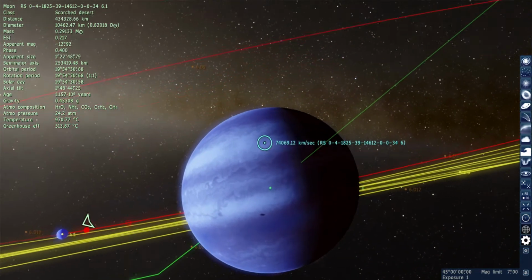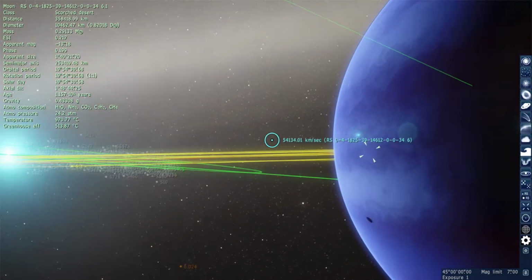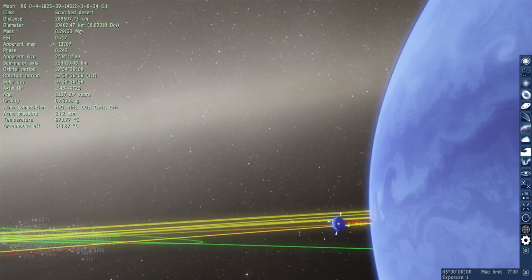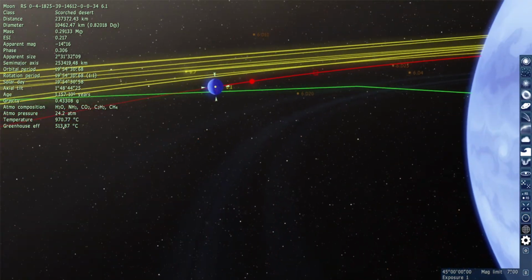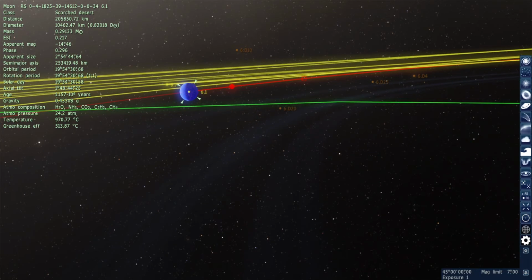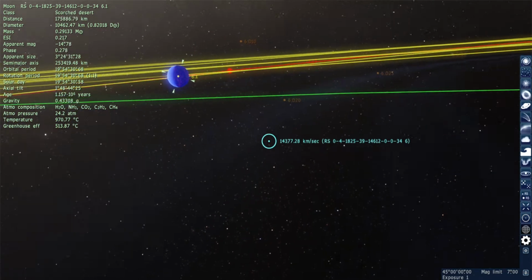What I'm going to show you here is the ring system in reference to this stretching of the shadow effect.